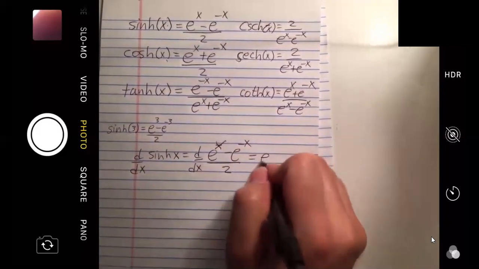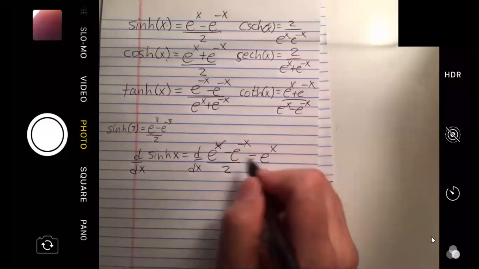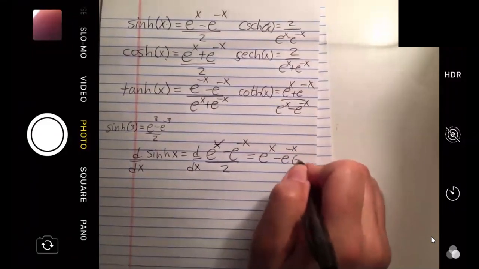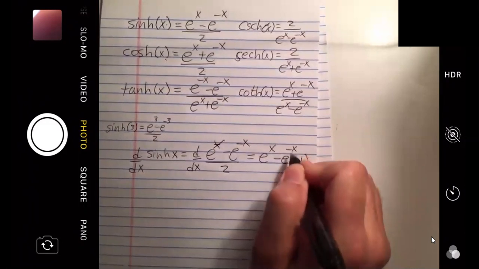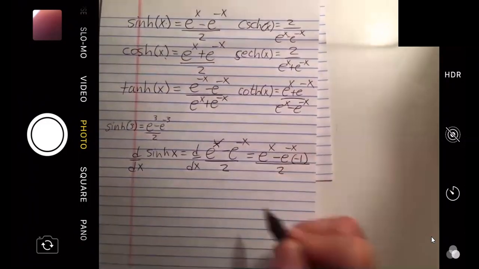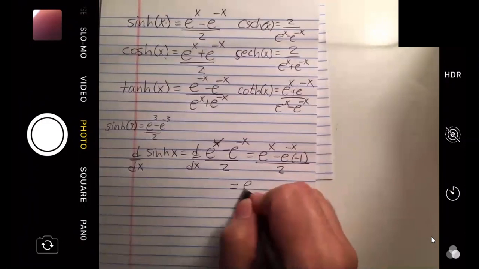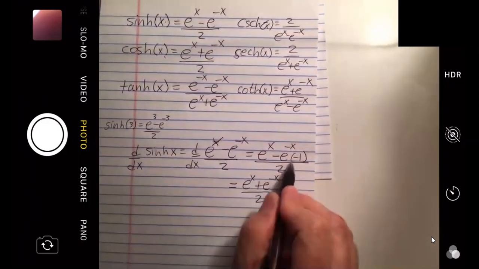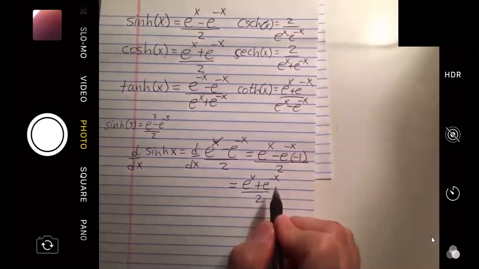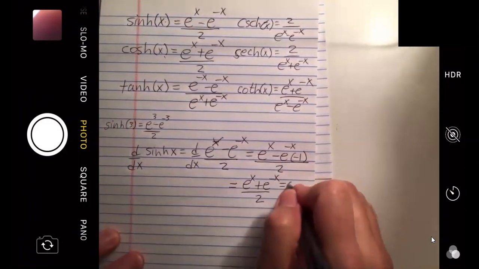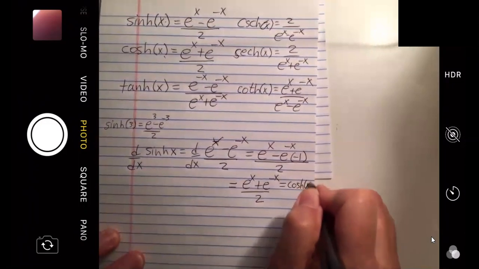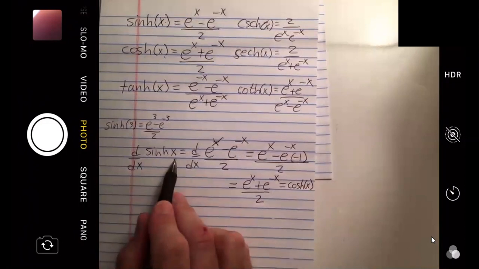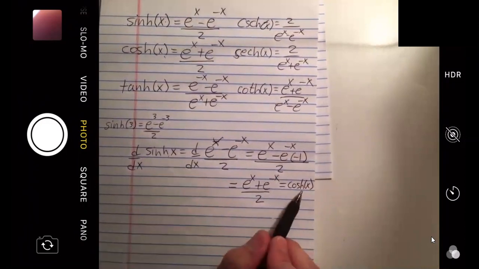You would get e to the x, derivative e to the x, e to the x, minus, and you'd get e to the minus x, but with a chain rule of -1, divide by 2, and you get e to the x add e to the minus x divided by 2, because these two negatives turn positive, and that is directly your cosh. So the parallel exactly works. Derivative of sine is cosine. Derivative of sinh is cosh.